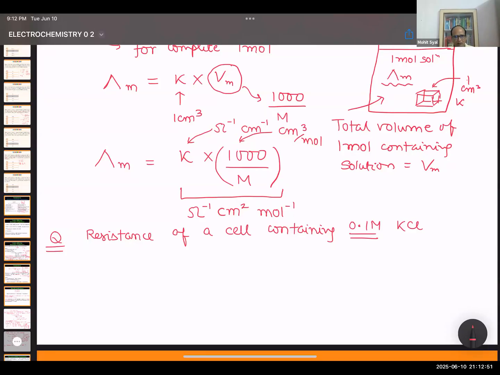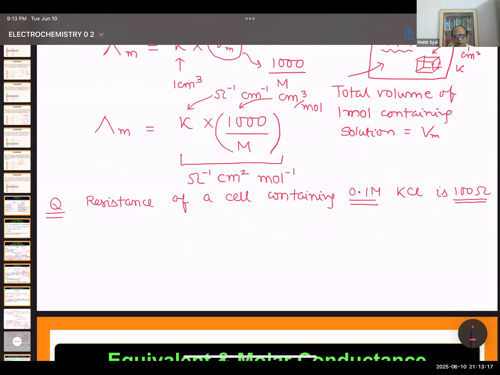Cell means a container in which you are doing the electrolysis. So the resistance of a cell containing 0.1 mole per liter of KCl is 100 ohm. So if the same cell is filled, the original solution is emptied and a new solution is put.